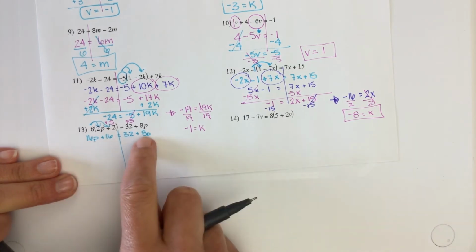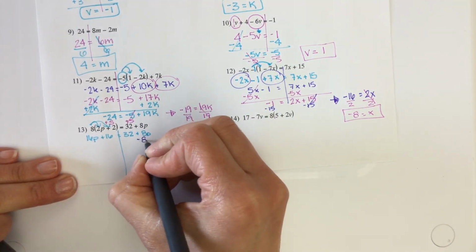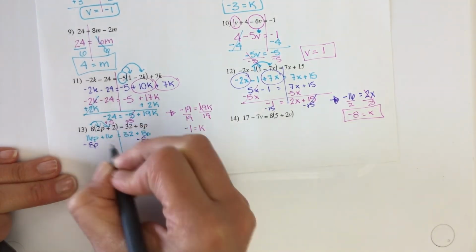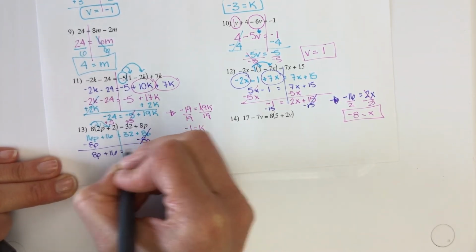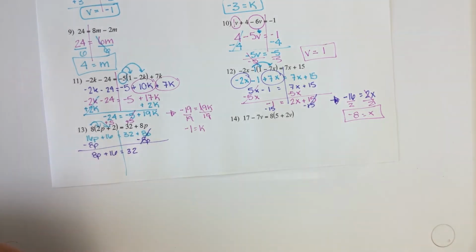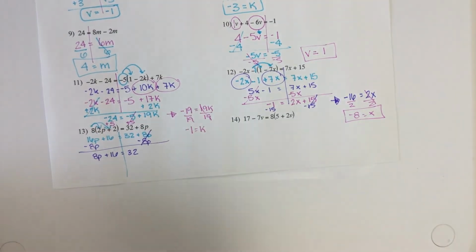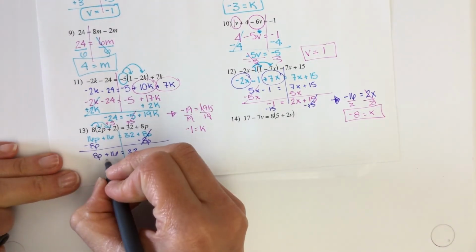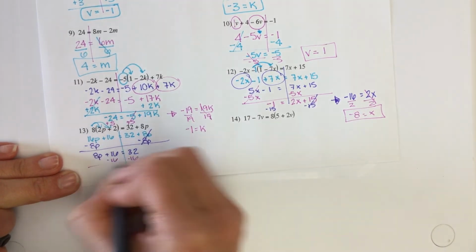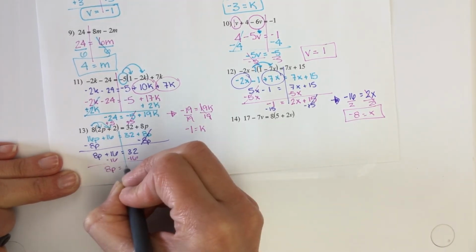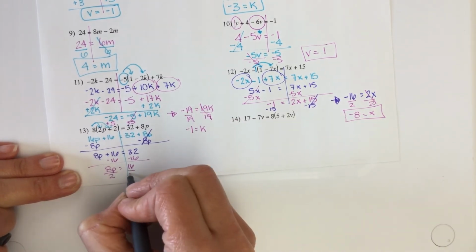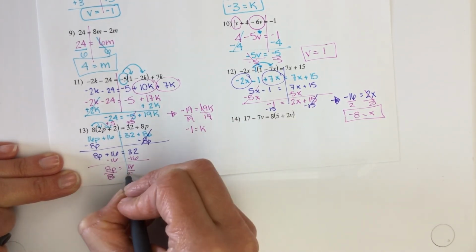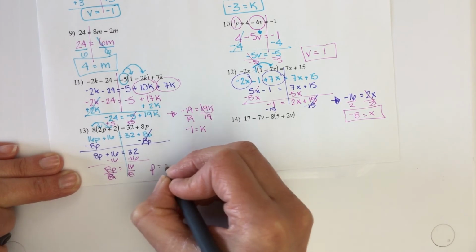Who's weaker, 16p or 8p? 8p. 8p plus 16 equals 32. Trying to get the p alone now, so I am going to subtract 16. 8p equals 16. Last step is to divide both sides by 8. P equals 2.